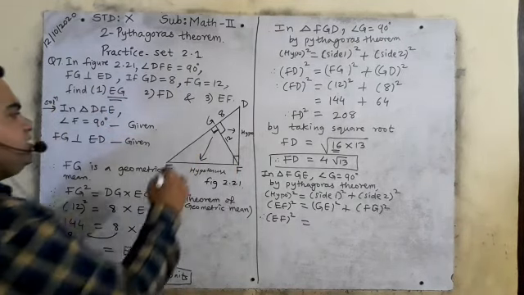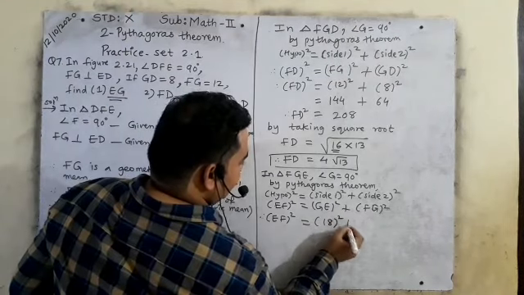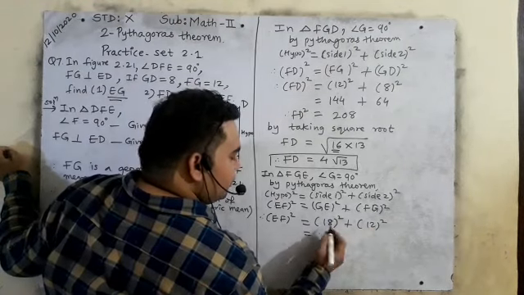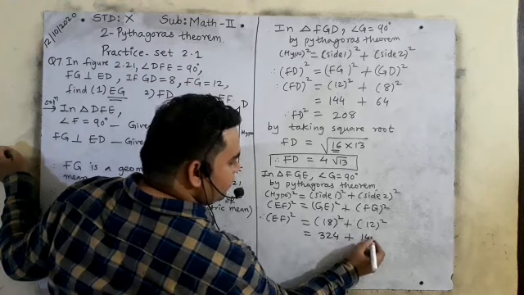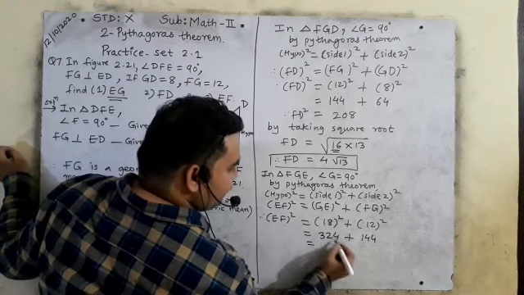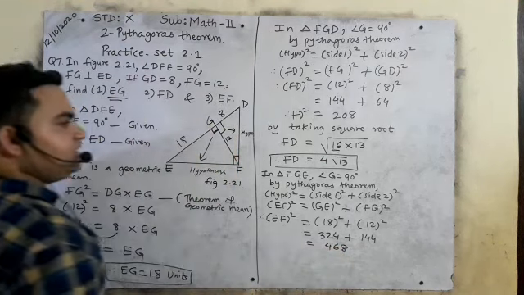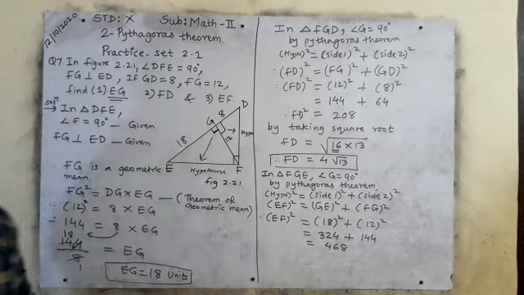GE, or EG, is 18, so 18 square, and FG is 12, so 12 square. 18 square is 324 and 12 square is 144. The total is 468. Now we will take the square root to find EF.